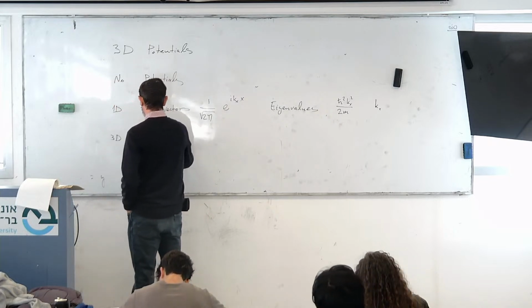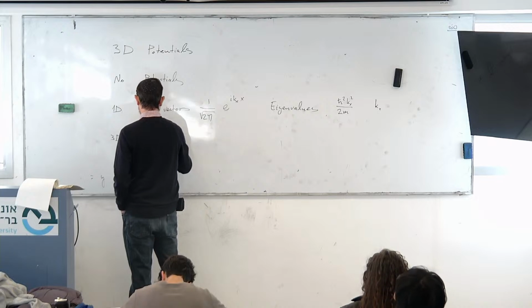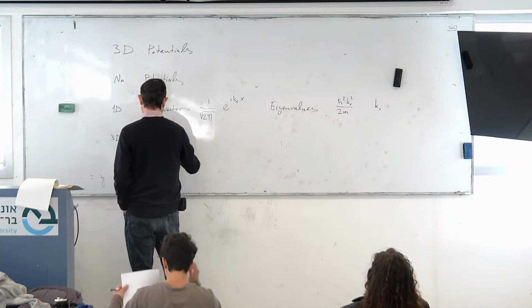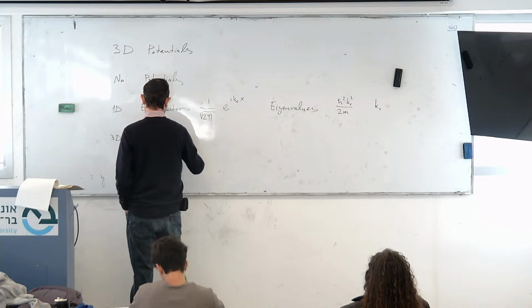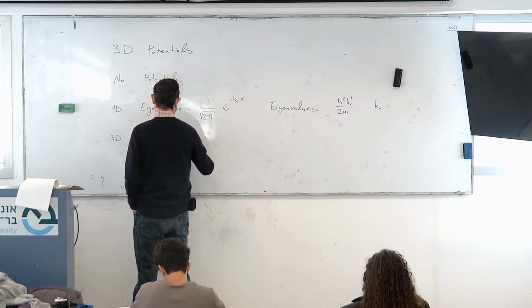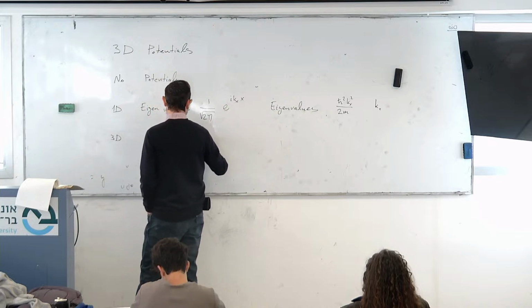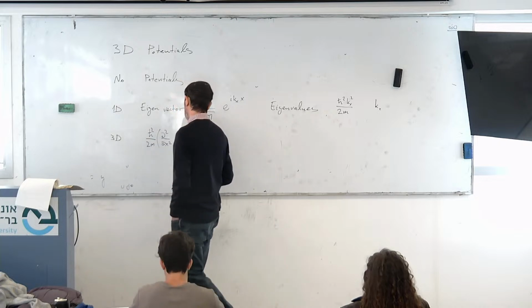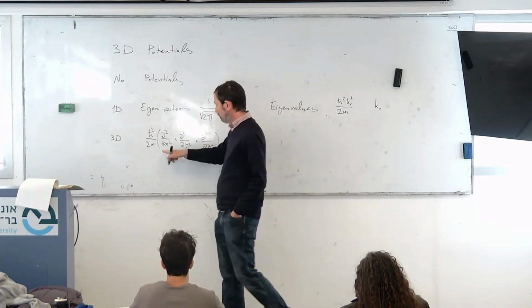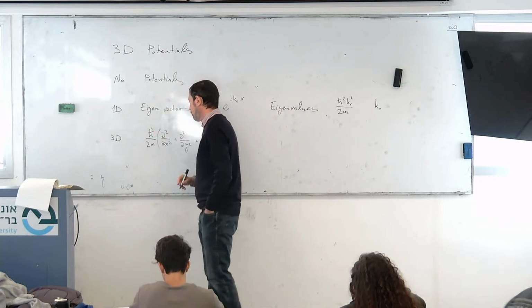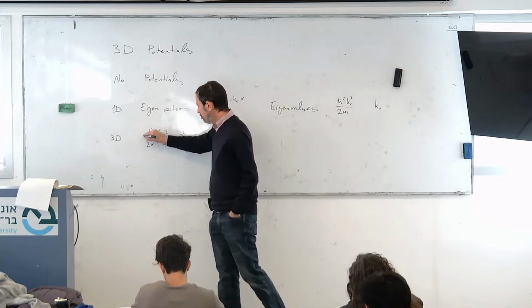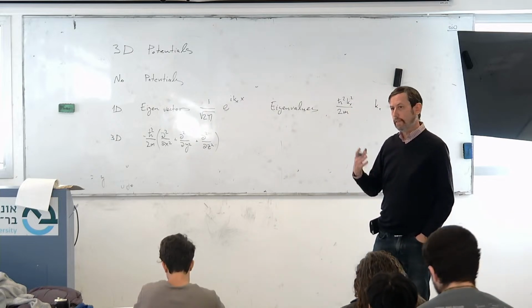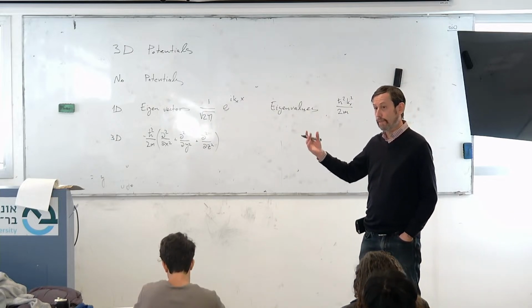Okay. So this is the potential, with a minus here, px squared plus py squared plus pz squared.